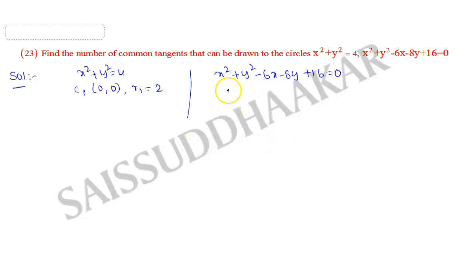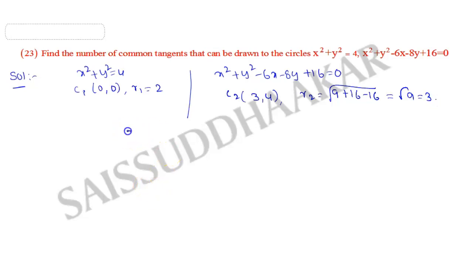For the second circle, the center is (3, 4), and the radius is root of 3 square 9 plus 4 square 16 minus 16, where the 16 cancels, root 9 gives 3.